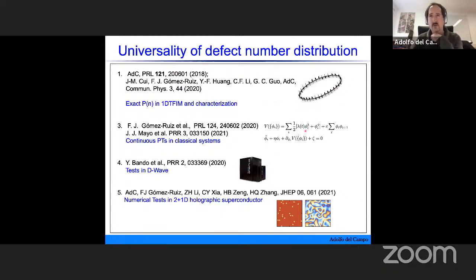We have also looked at phi-4 theories and classical spin models. We have some tests that I will present in quantum annealers, and we have also done numerical tests in higher dimensional systems, such as strongly coupled superconductors described by holography. And I think we will have an update on that tomorrow in the arXiv.